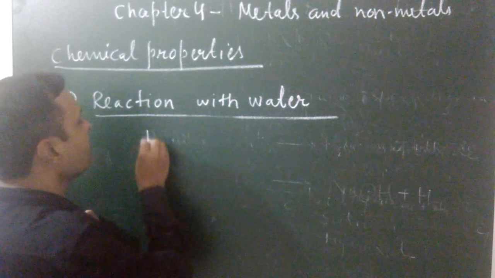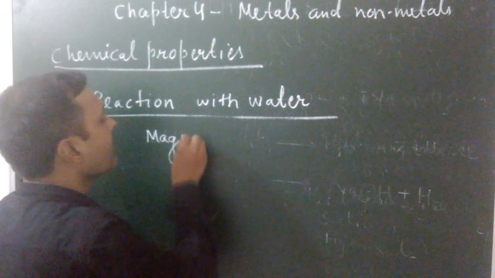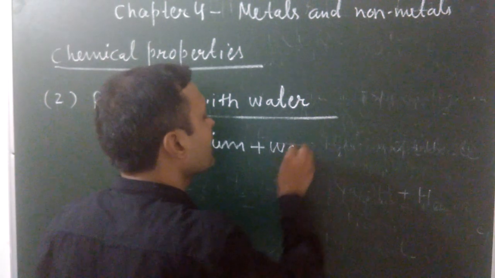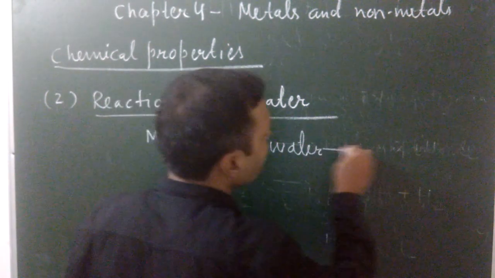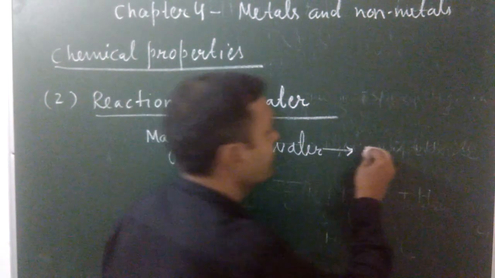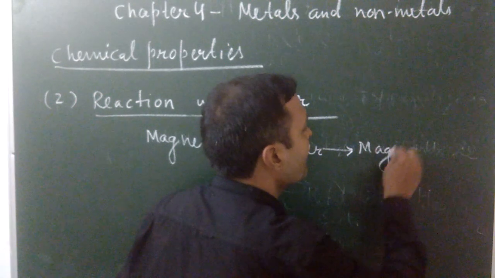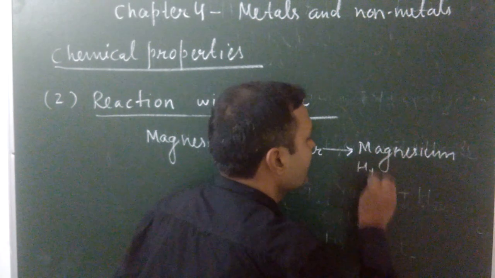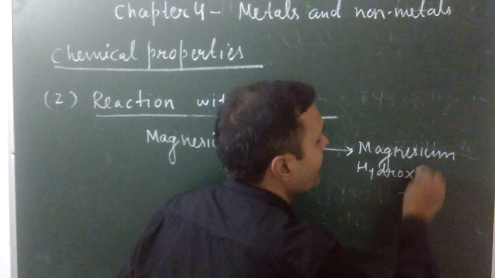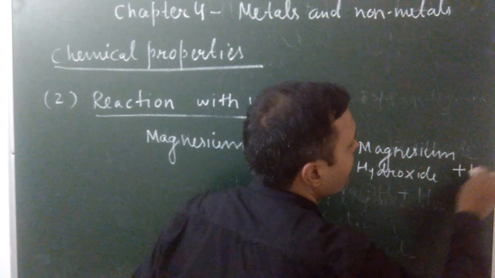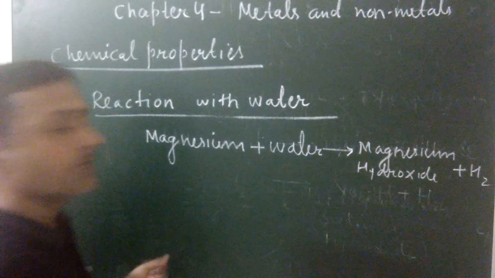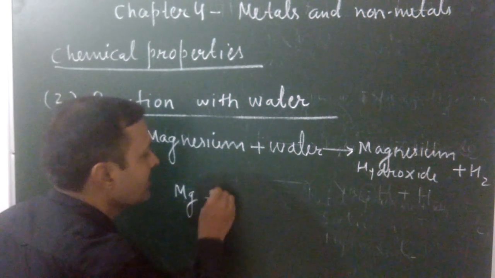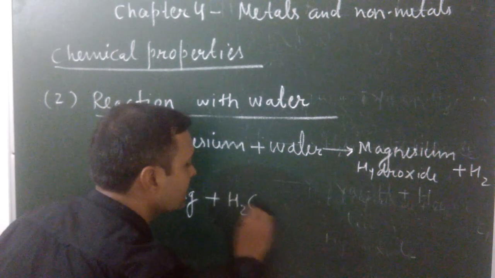So see, magnesium plus water gives magnesium hydroxide plus hydrogen gas. By symbol you can write magnesium as Mg and water as H2O.